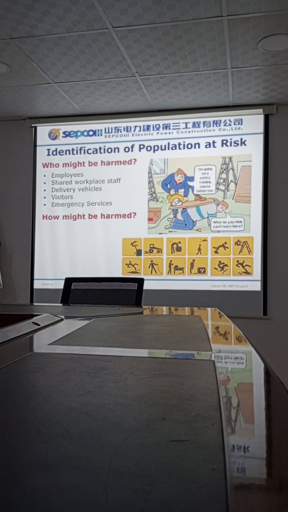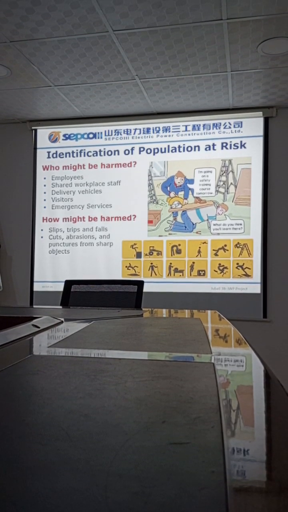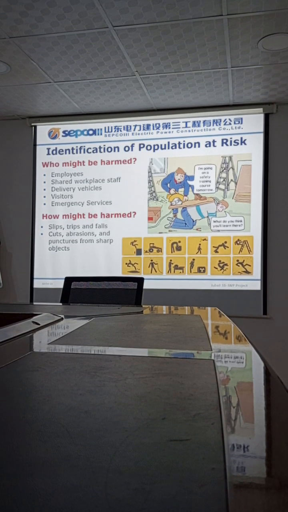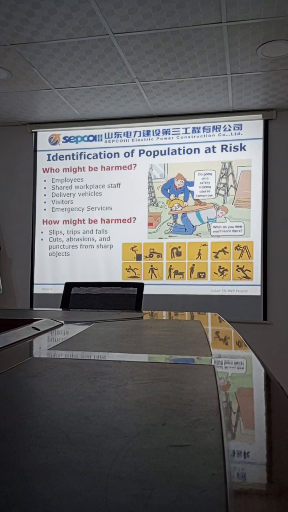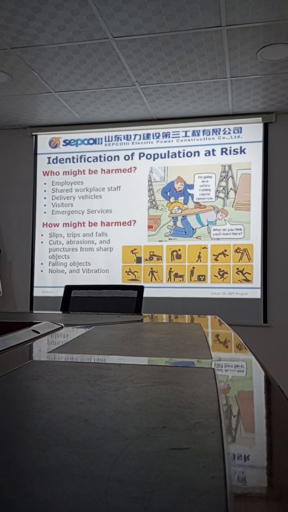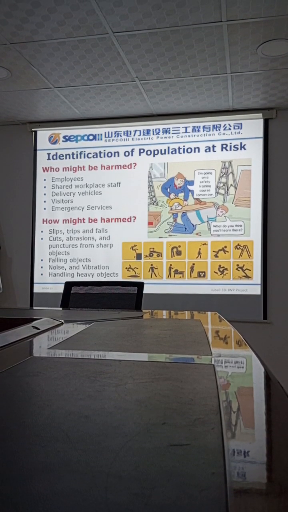Okay, how will they be harmed? Slip, trip, tripping hazard, cut, abrasion, fracture. Maybe there are protruding nails. They are walking and did not see, or because there are too many people they go out of balance and get hit. Falling objects, especially from elevated areas, noise, vibration, handling heavy equipment.